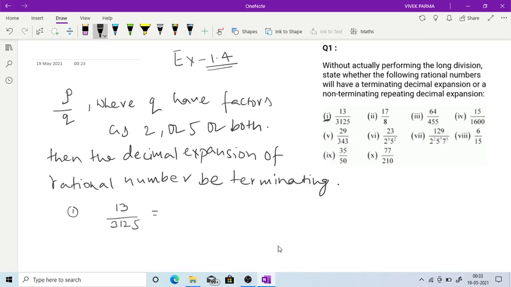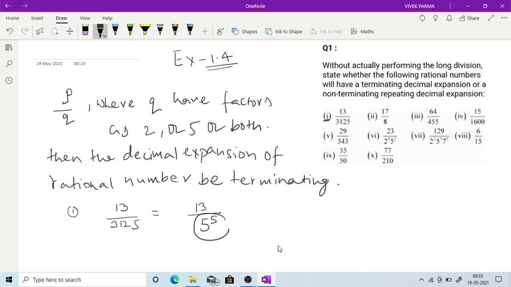So see what the factors of this will be. Here 3125 will be written as 5 to the power 5, right?